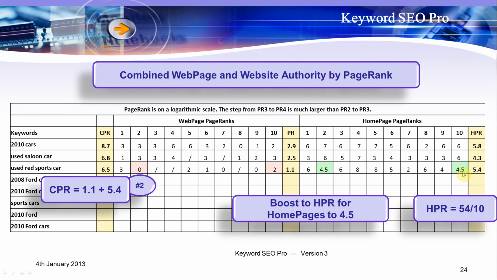This one is 4.5, this one is 4.5, and this now, the average, instead of being 47 over 10, it's 54 over 10, giving us 5.4, and the combined page rank averages is 1.1 plus 5.4, giving us 6.5, rather than 5.8 as before.